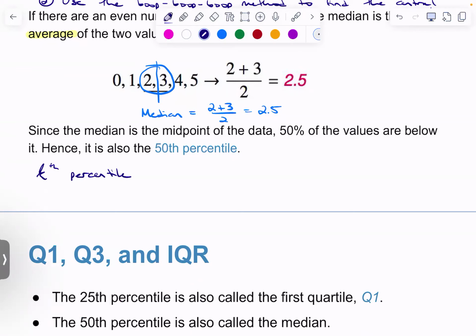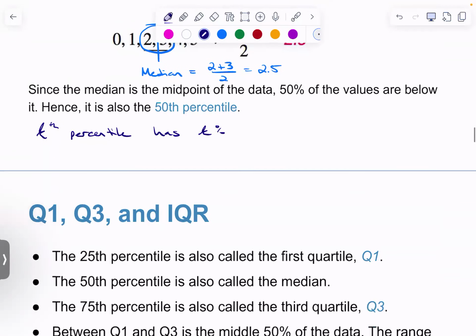Oh yeah, I scored in the 95th percentile. That's really good. What does that mean? It means that 95% of the scores were below yours, right? Also, then we know that 5% were above yours. So the percentile just talks about how much data is below it. Kth percentile has k% of data below it.